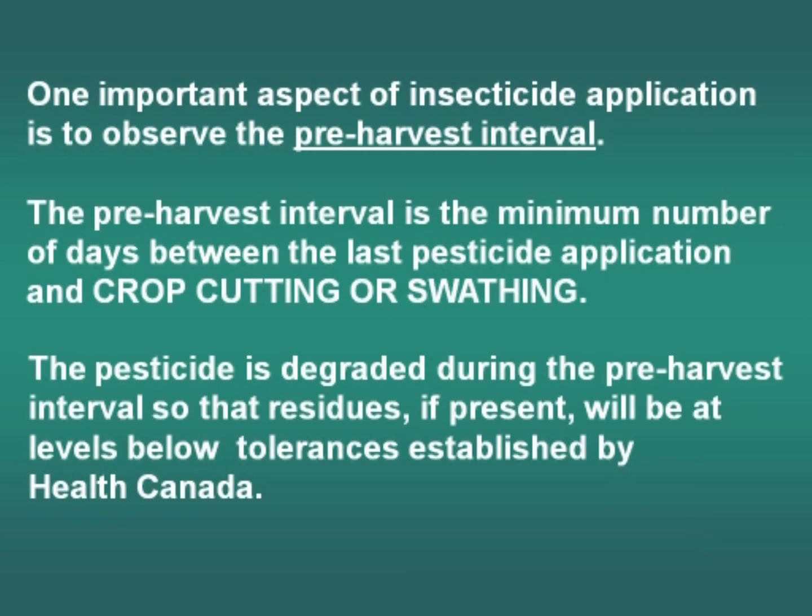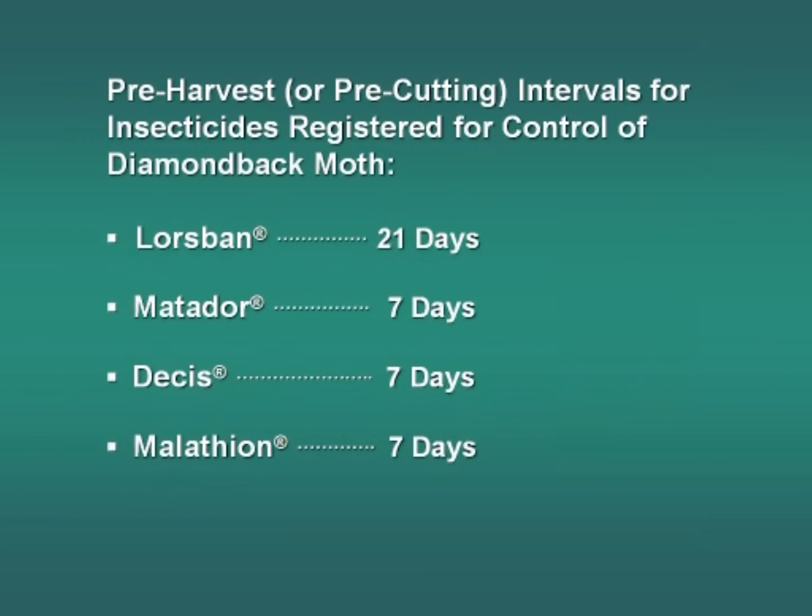It's very important to follow pre-harvest intervals. The pesticide that is applied to control Diamondback will remain on the plants, and there will be some residues initially, but these degrade fairly rapidly, and if the pre-harvest intervals are followed, the levels of residue on the crop will be at levels below tolerances that have been established by Health Canada.